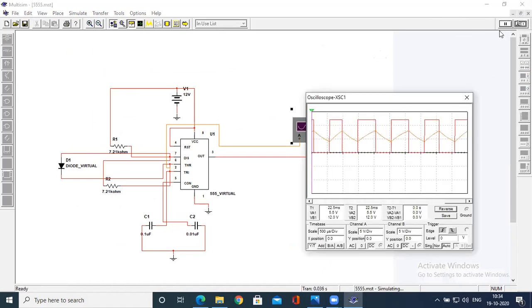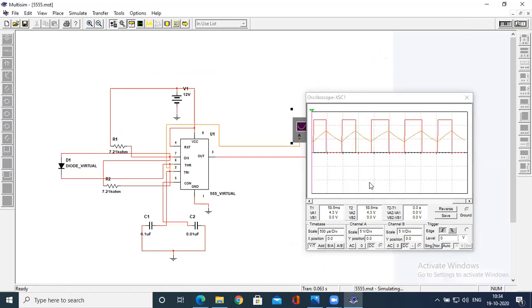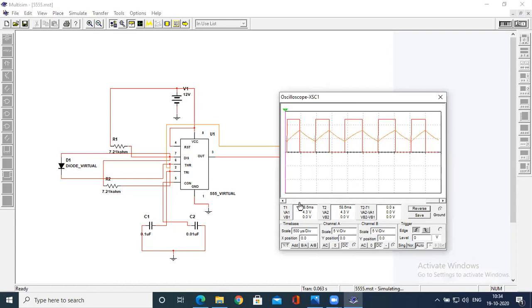Now again, you stop the simulation. I'll pause and you measure the charging and discharging time. So charging 437, discharging 496.